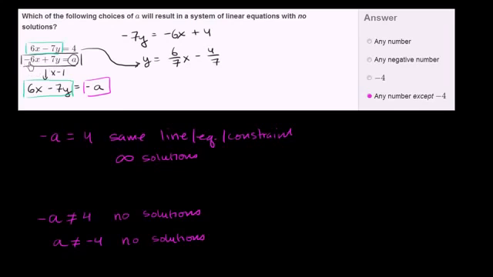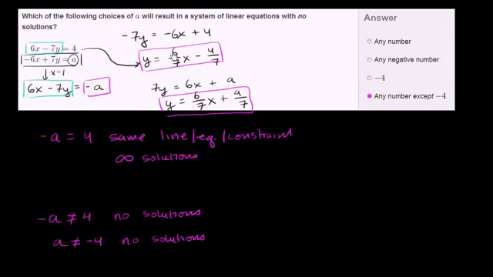Now the second one, I'll just start with exactly what they gave us. Let me add 6x to both sides. So if I add 6x to both sides, I get 7y is equal to 6x plus a. And then if I divide both sides by 7, I get y is equal to 6/7 x plus a over 7. So notice, in slope-intercept form, our first equation looks like that, and in terms of a, our second equation looks like that.